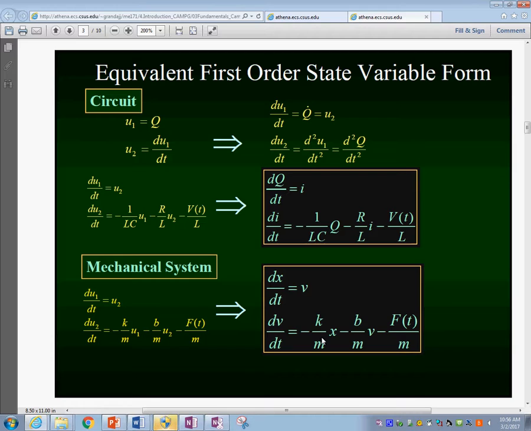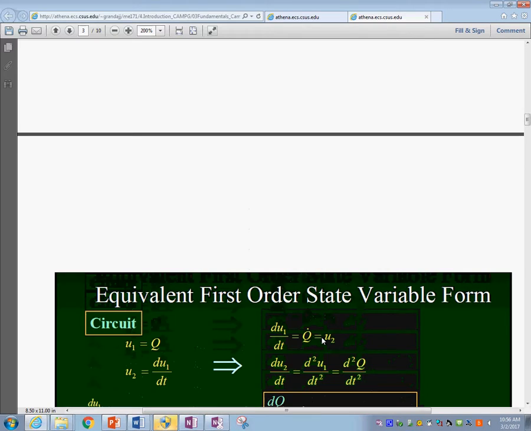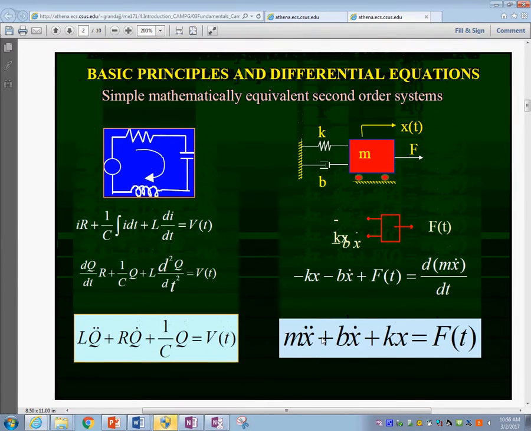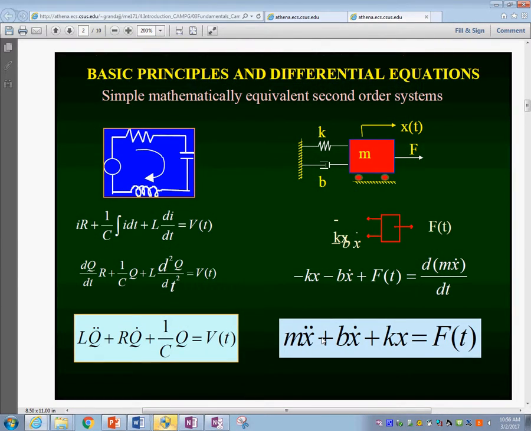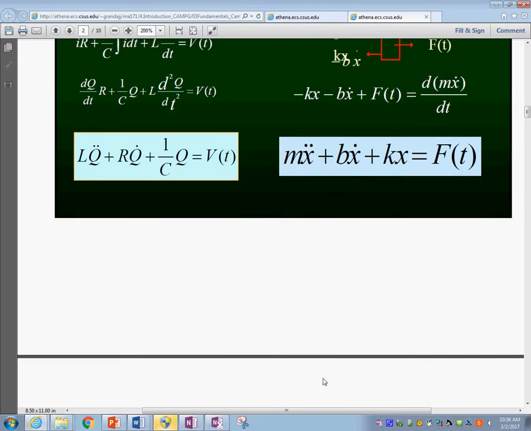The point of showing you this is that the circuit on the left has the same format of the differential equation as the one on the right. Both of them are in two different energy domains, and therefore the equations are going to be different. But that's as far as they're different. The form of the equations are the same.